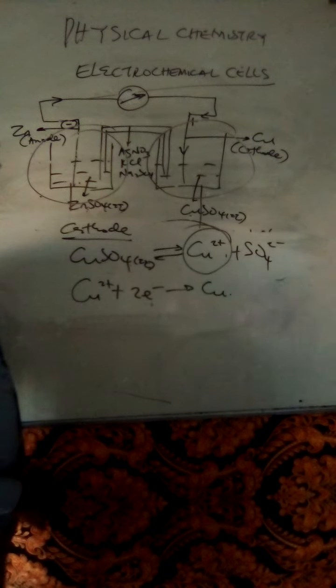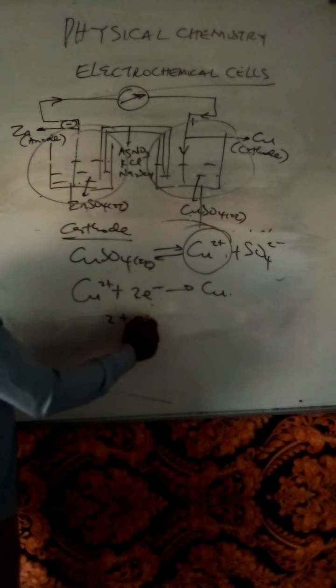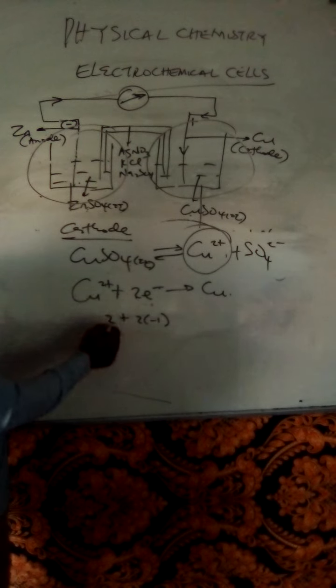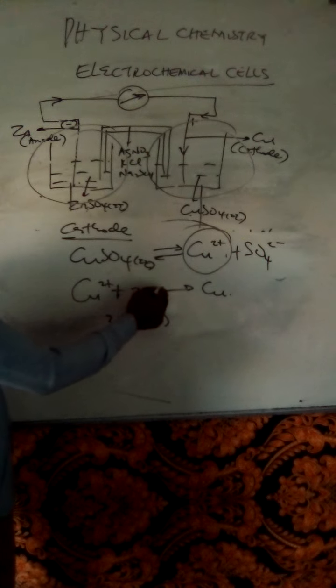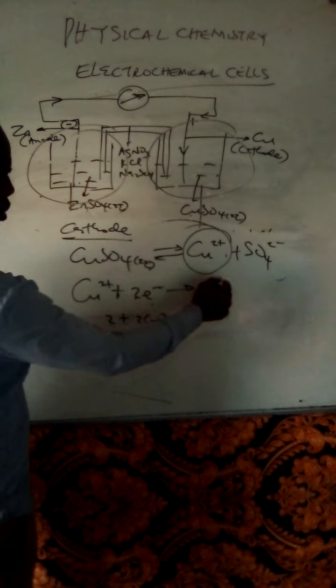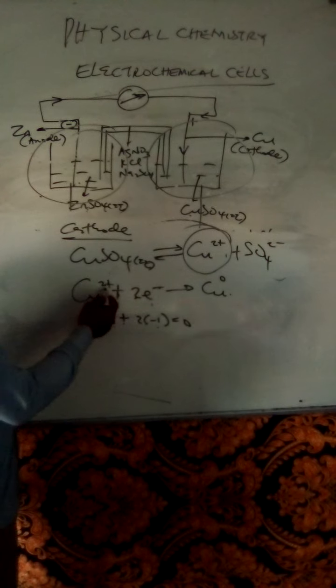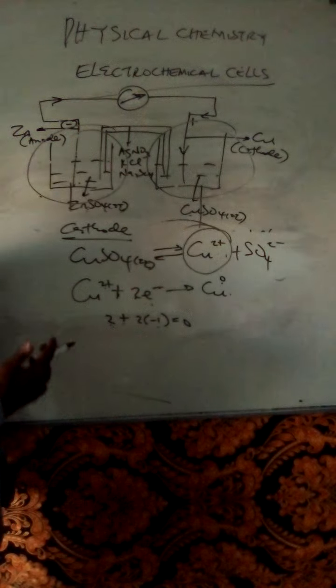So you see the charge here: this is 2 plus, this is 2 times minus 1, which is minus 2. Adding the charges, 2 plus minus 2 is 0, meaning this is neutral. So copper will reduce, going from +2 to 0. That is the reduction equation.